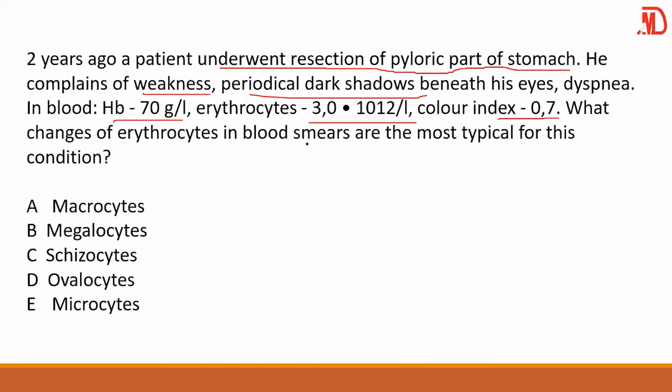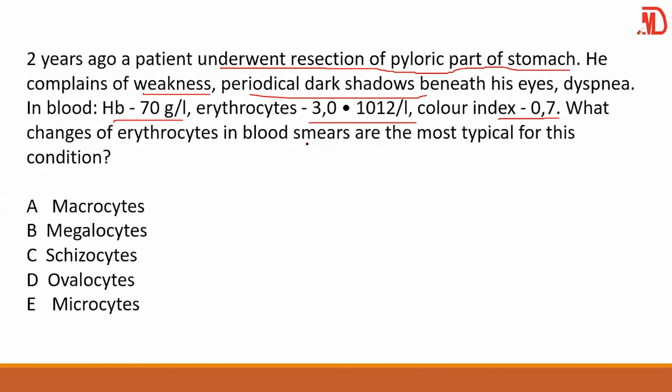So when this part is cut off, intrinsic factors will also be affected. And you know intrinsic factors are for the absorption of vitamin B12. So not only will that be affected, iron absorption will also be impaired.